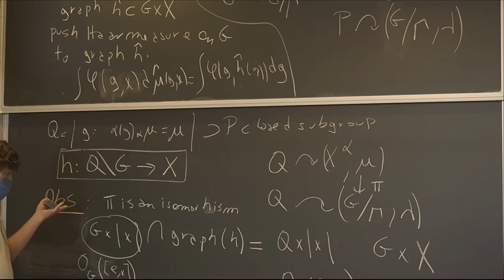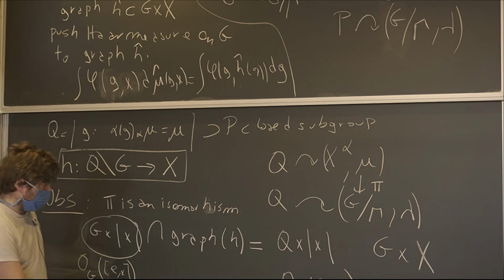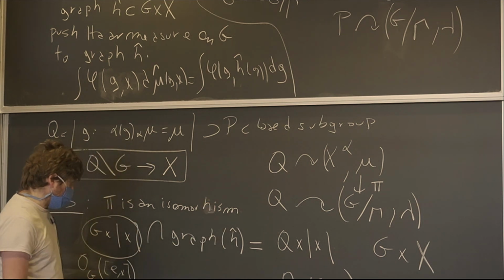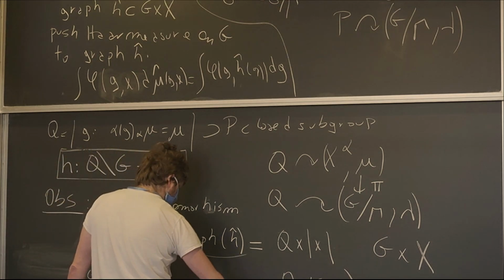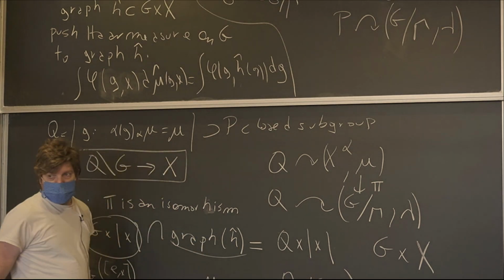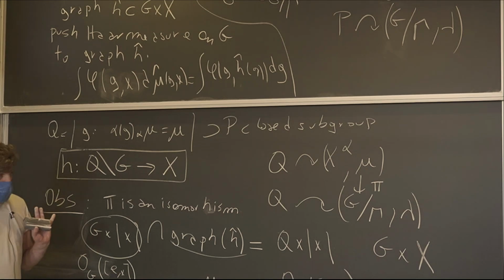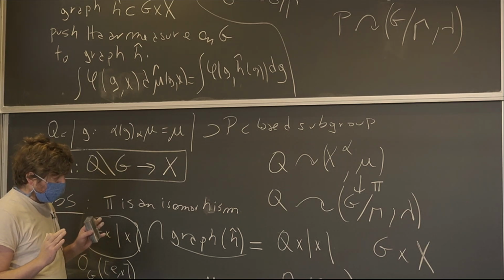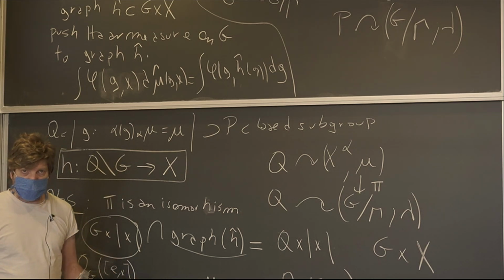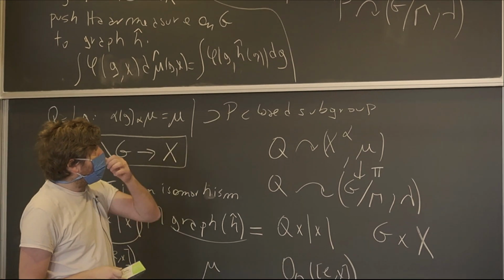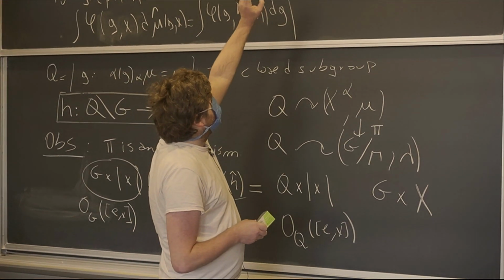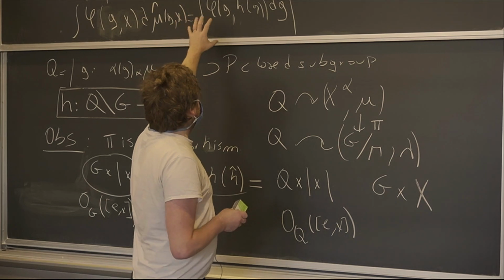And instead of graph, this will become the measure mu. Okay? Now, it's important to play both sides here. On one side, the measure mu is like the graph of h hat.